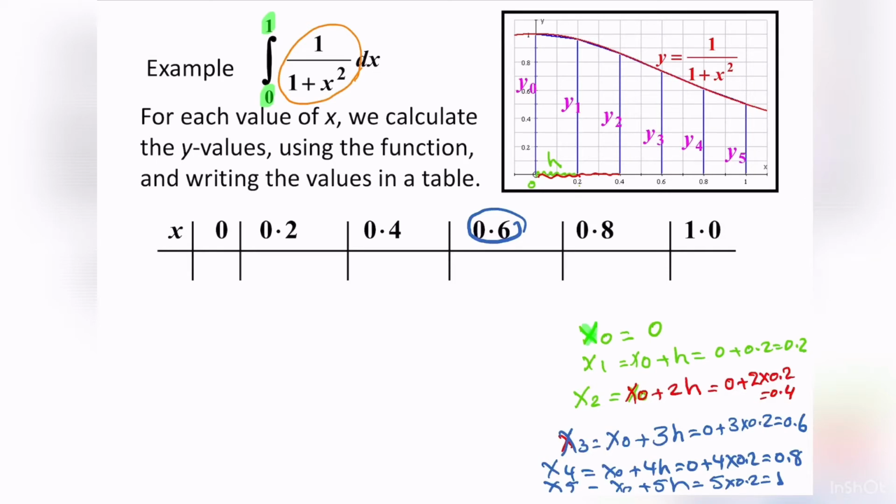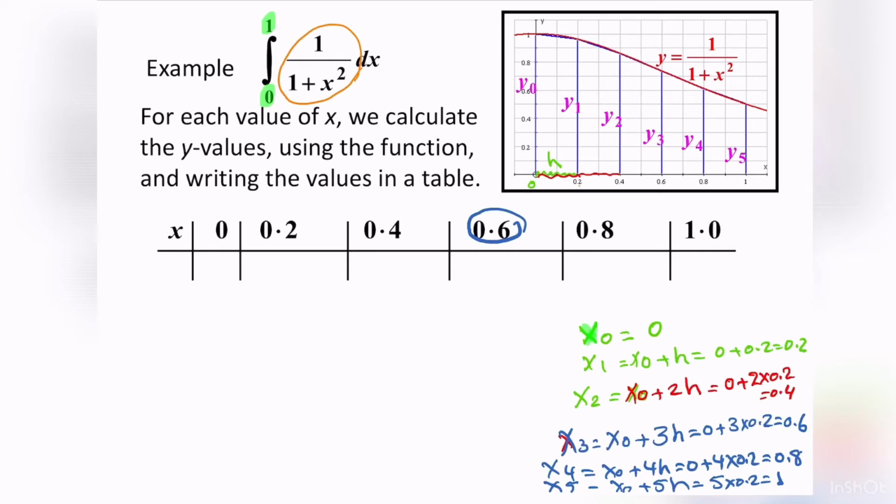So basically you need to find h, and the limits are always going to be there for you. Then from the limit you just add the h to find the x values, and after you find the x's you put them in this table, and now we will find the y.